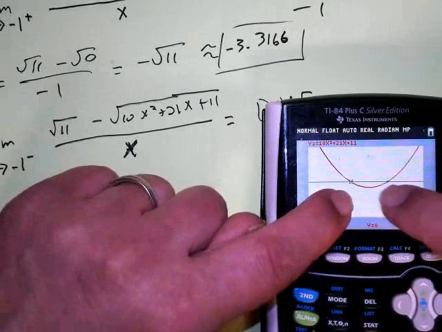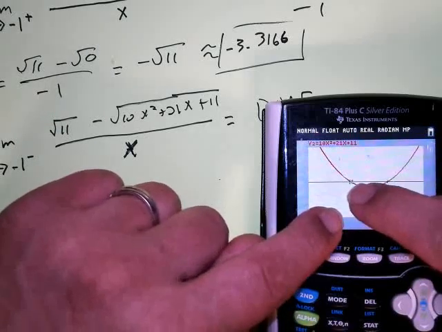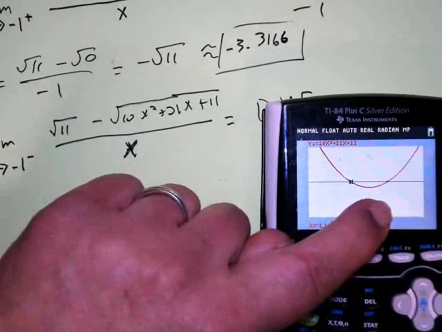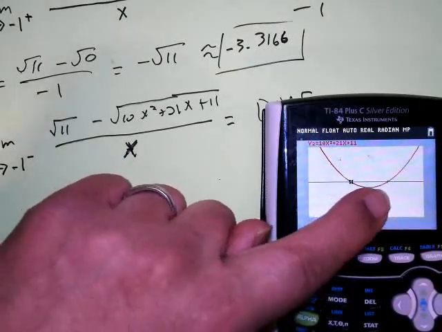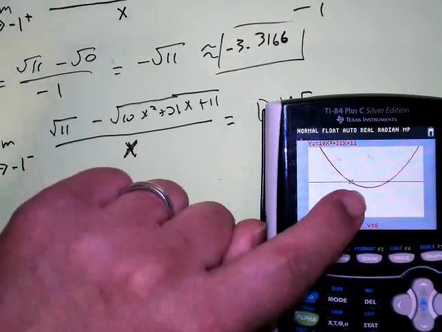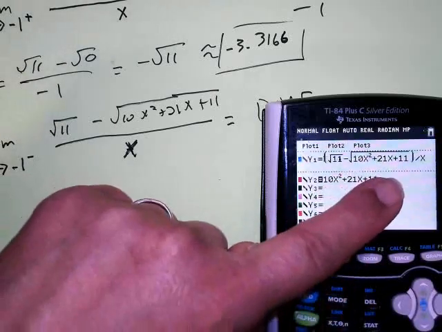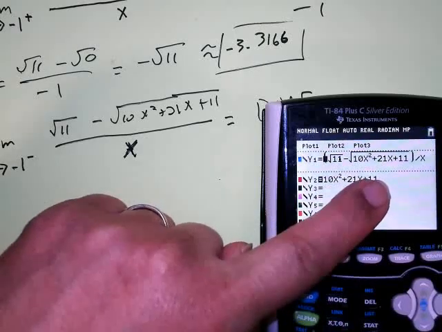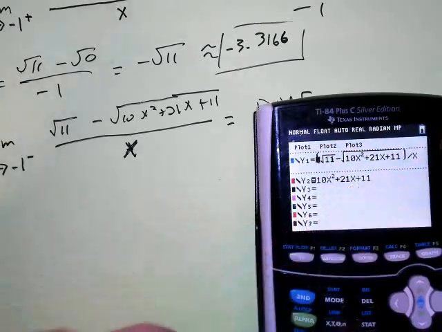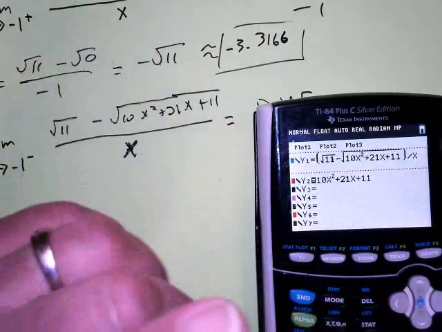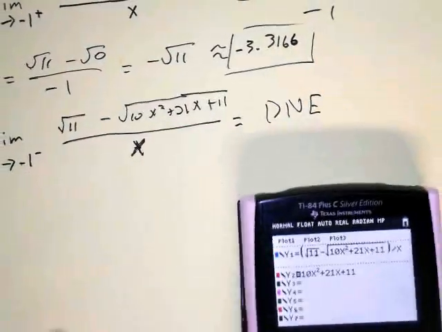So this just ducks under, and for this little portion from negative 1.1 to negative 1, the quadratic is negative. That means underneath the radical, for that little portion, you get negative numbers, which would be undefined. So it would not be in the domain of this function.